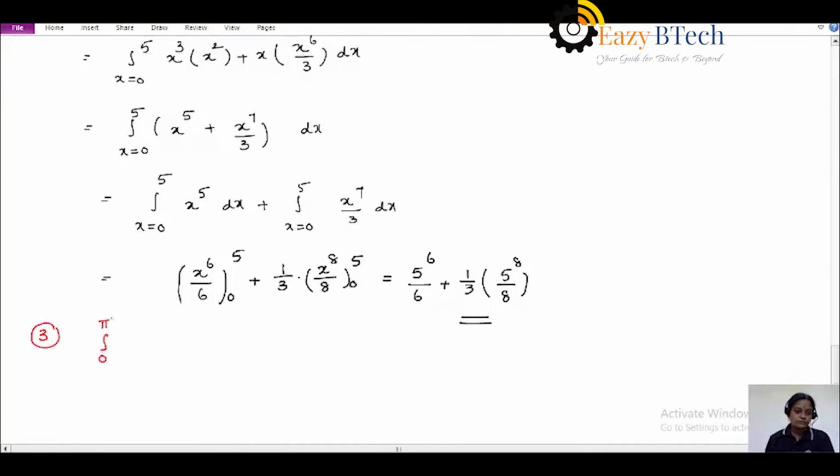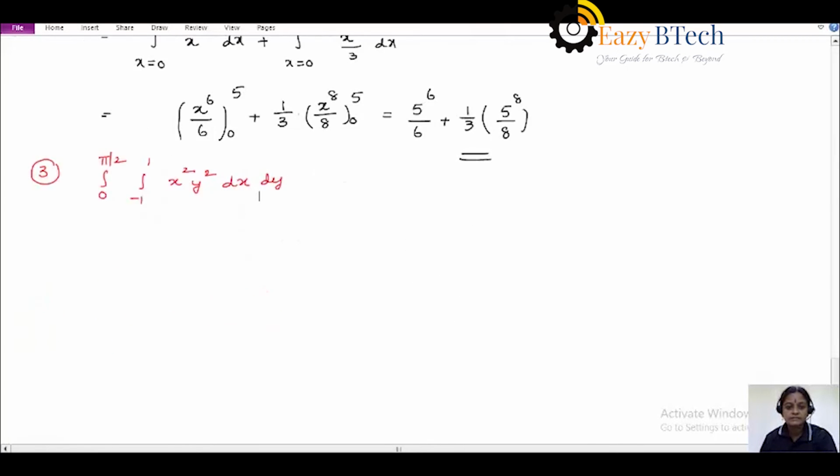0 to pi by 2 and minus 1 to 1 x square y square dx dy. Observe here, students, in this question both limits, the x limits and at the same time the y limits, are in terms of constants.